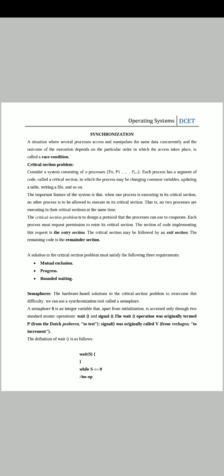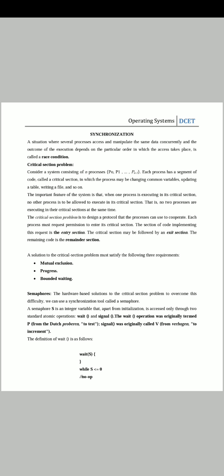That code we call a segment of code, or a small piece of code. That code we call a critical section. That important code is going to perform some operations like changing the value of a variable, changing the table content, or modifying the file content.